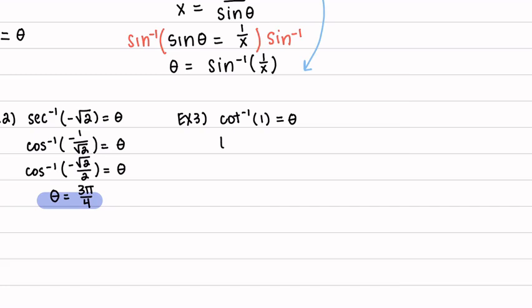Because I am going to rewrite this in order to evaluate as inverse tangent of 1 over 1, which is 1, equals theta. And so then we think, okay, well, where is the tangent equal to 1? And tangent is equal to 1 at pi over 4, so in the first quadrant and in the third quadrant.